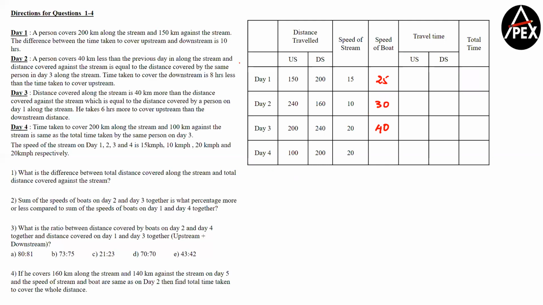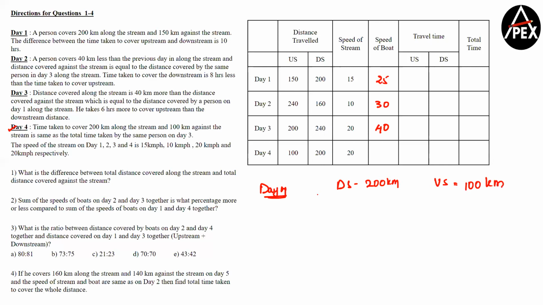Now, how to calculate the speed of boat on day 4? It is given the time taken to cover 200 kilometers. So on day 4, along the stream, downstream it is 200 kilometer, and upstream it is 100 kilometer.